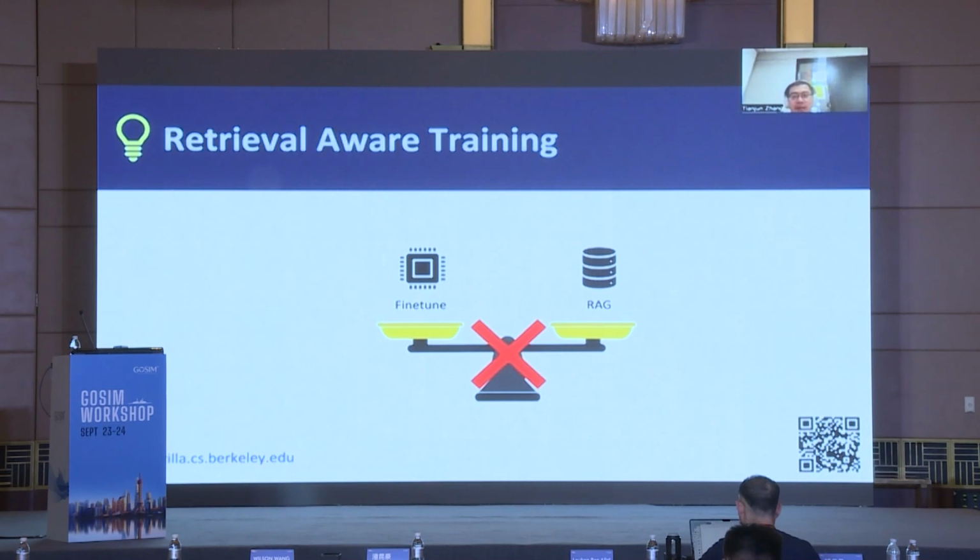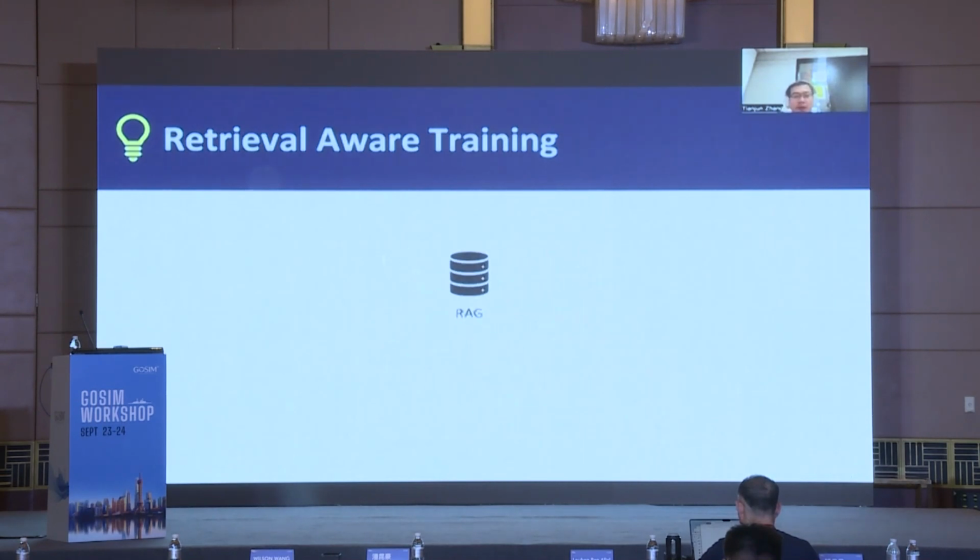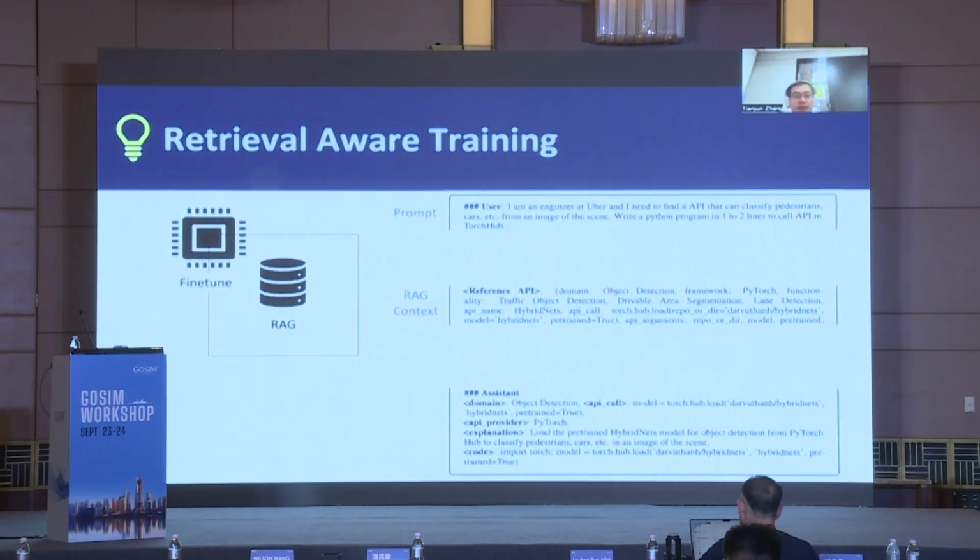And how to combine them? Let me give you one very concrete example. So here we are introducing this retrieval-aware training, where the user says, I'm an engineer at Uber and I need to find an API that can classify pedestrians. So please write me Python code in 1 or 2 lines to make an API call in PyTorch. We're not only providing the language model with this prompt, we also provide reference context here.